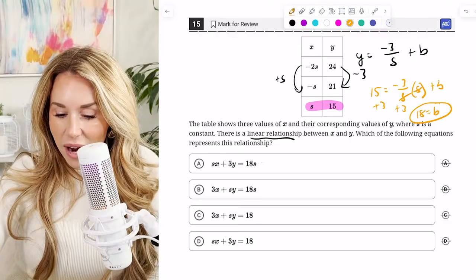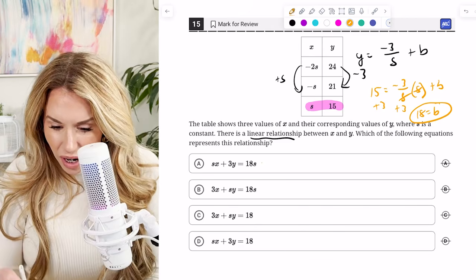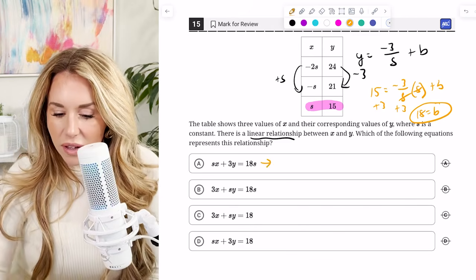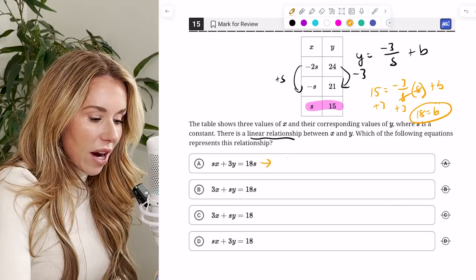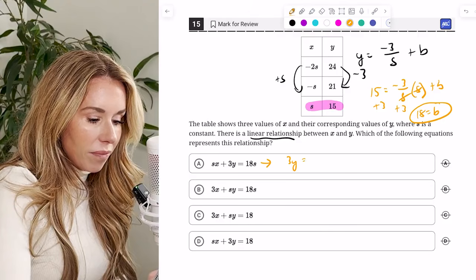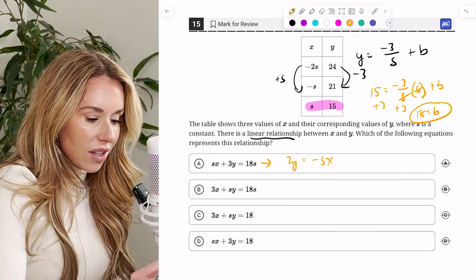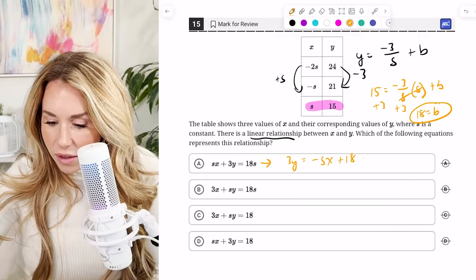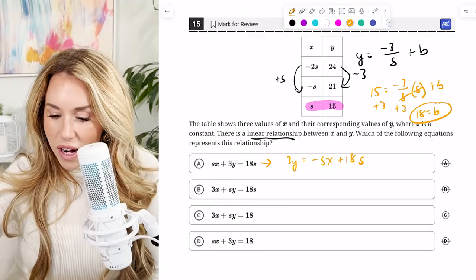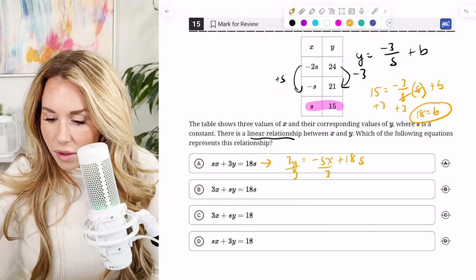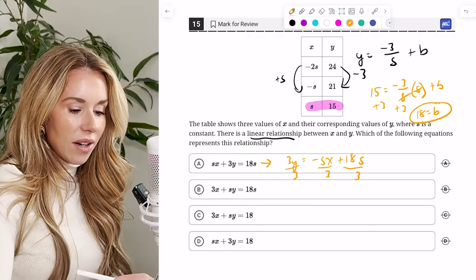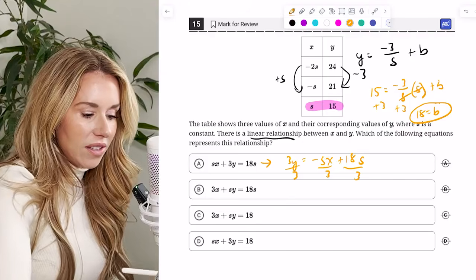If we move these around, right? First off, let's just go with A. So I subtract the sx to the other side, and then we divide by 3. Well, that's not going to work because that's not going to give us a b of 18.